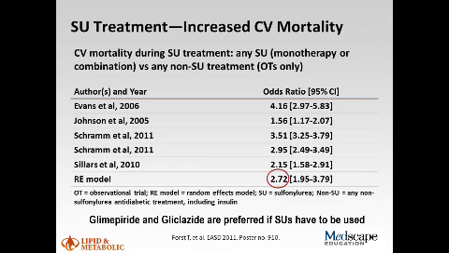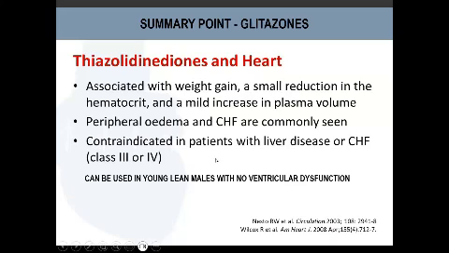But the fact you have to remember is there is no drug which can bring down your glucose more than sulfonylureas. Many times, if the sugar is not under control, you have to resort to sulfonylureas to get the sugar down. If at all you want to use one, it could be glimepiride or gliclazide in a patient with cardiac disease rather than any other sulfonylurea, especially the older sulfonylureas.